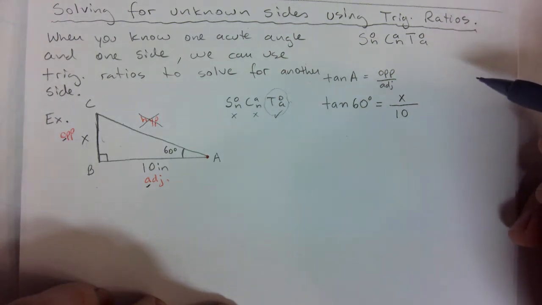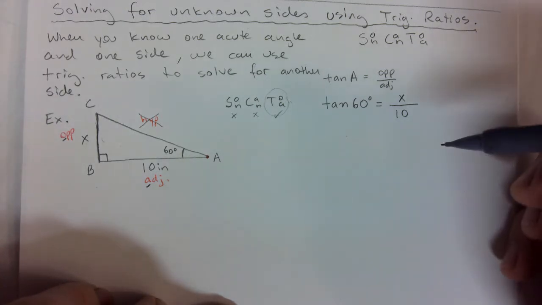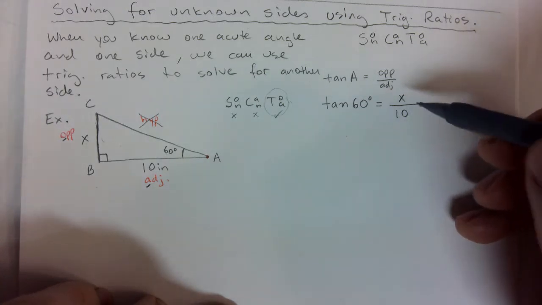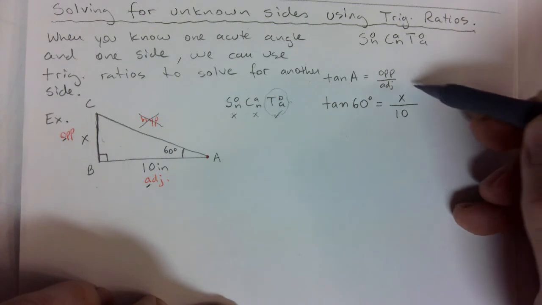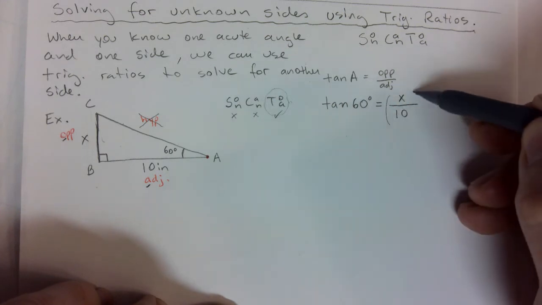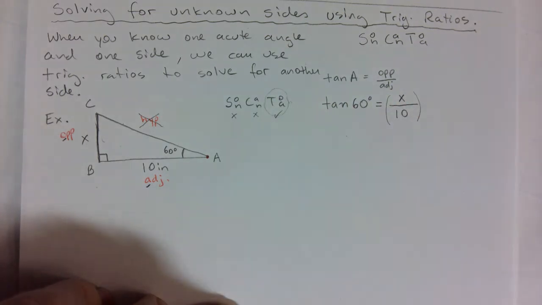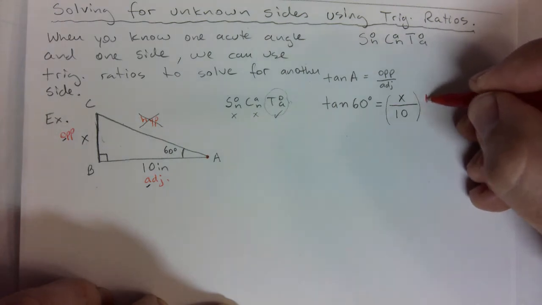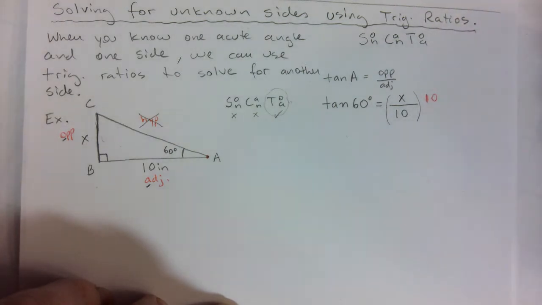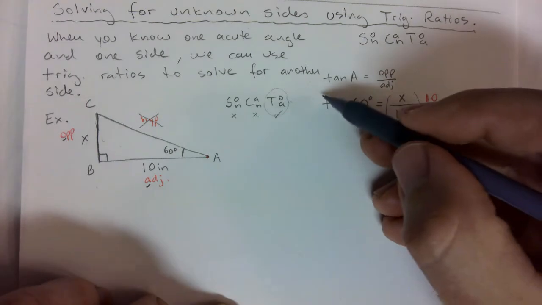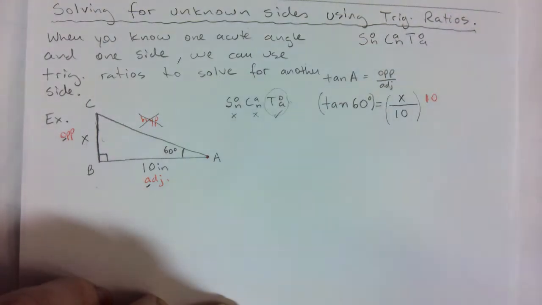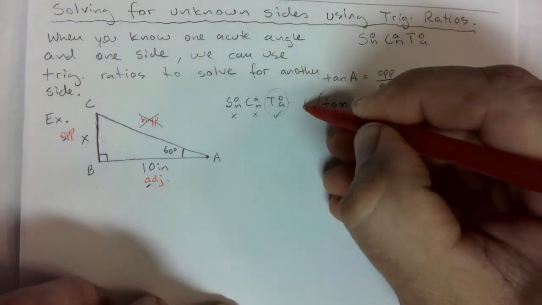Here we use cross multiplying and dividing, okay? So what we will do is we'll take this whole side and multiply it by 10, okay? And then we take this whole side and multiply it by 10 as well.